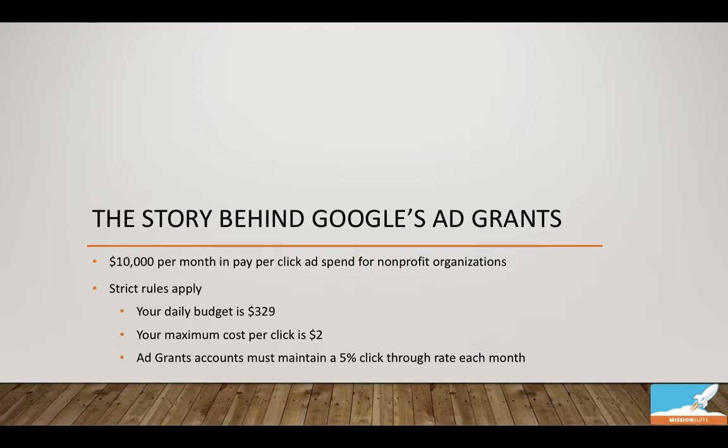So like I said, $10,000 a month is a lot in ad spend, and it's a great offer from Google, don't get me wrong, but because of these strict rules, you have to make sure that you're doing it right. And doing it right can be pretty challenging, which is why I'm presenting this webinar.